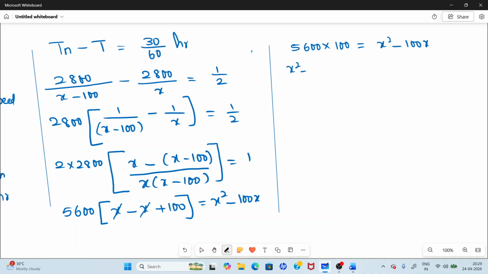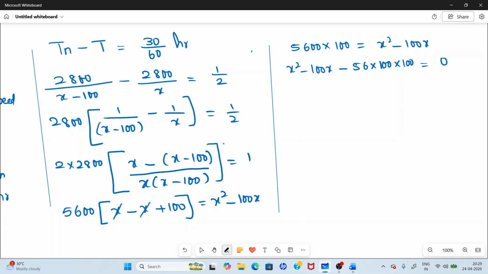So x square minus 100x minus 56 into 100 into 100 equal to 0.